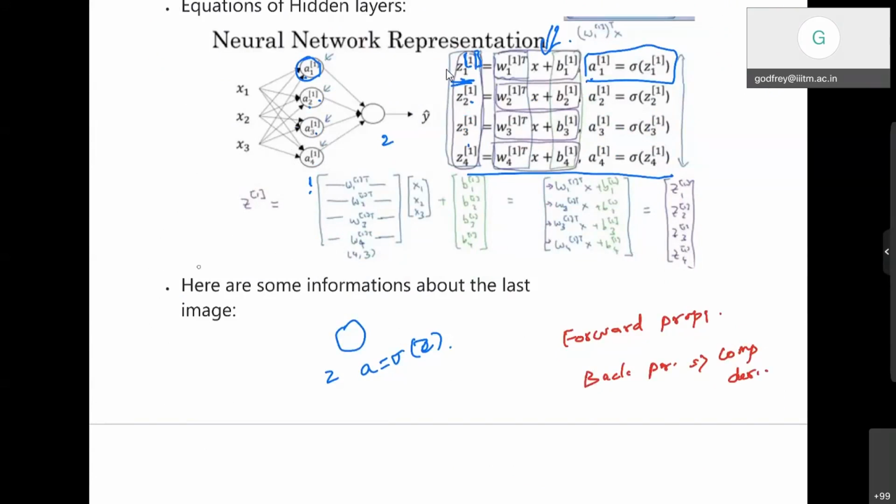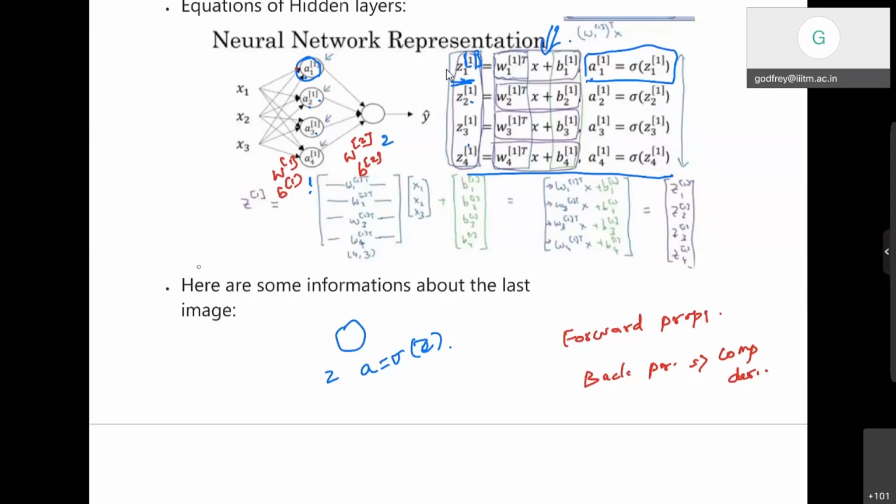Now over here, you have two layers. In the earlier case, we had only one layer, right? The weights in the first layer are denoted by W square bracket 1. Weights in the second layer are denoted by W square bracket 2. Similarly, the bias in the first layer is denoted by b square bracket 1. Bias in the second layer is denoted by b square bracket 2.